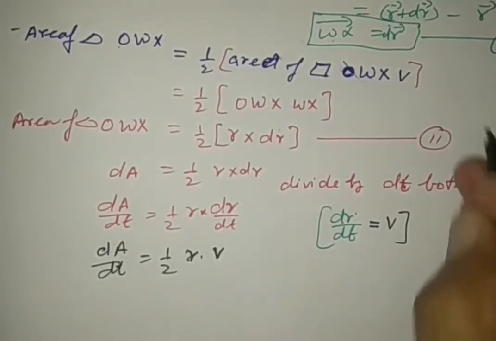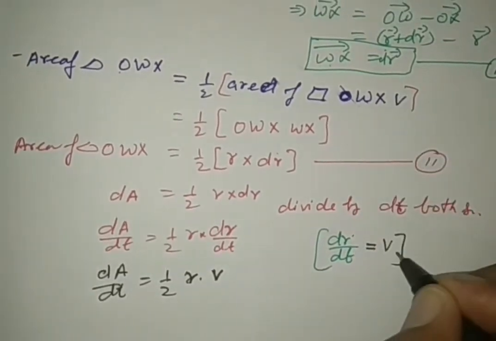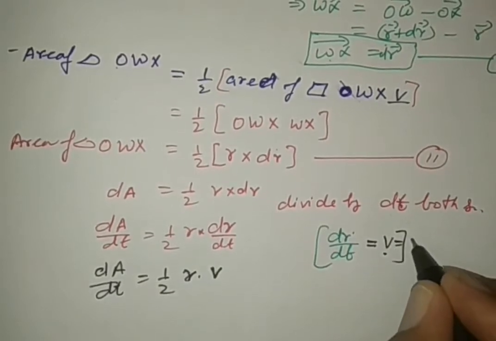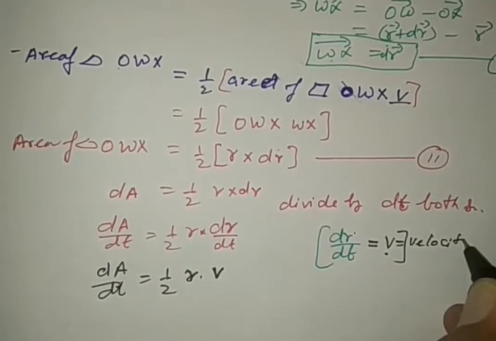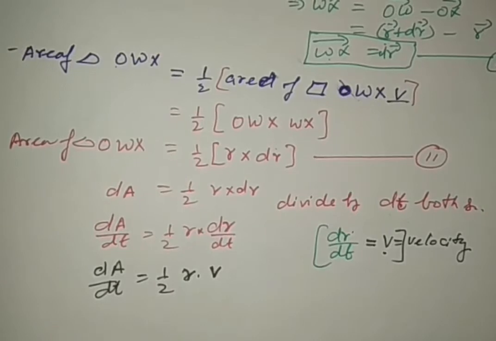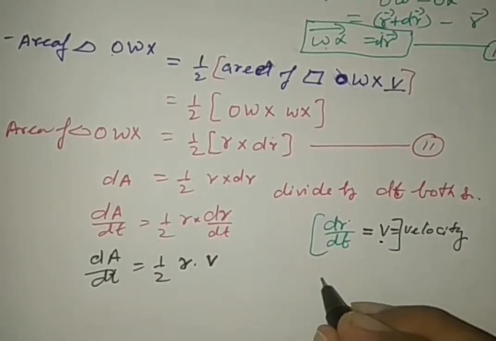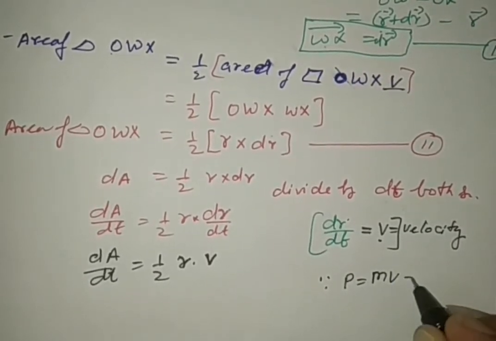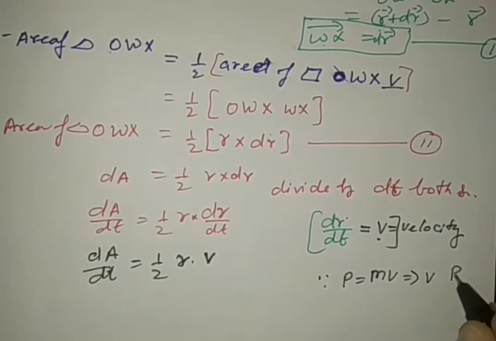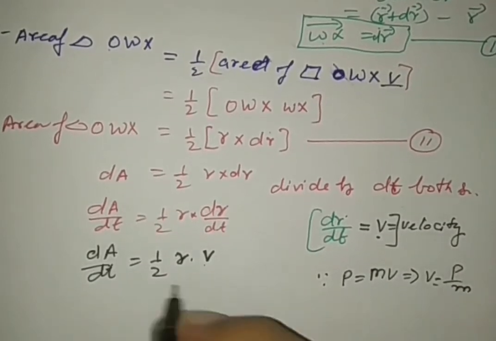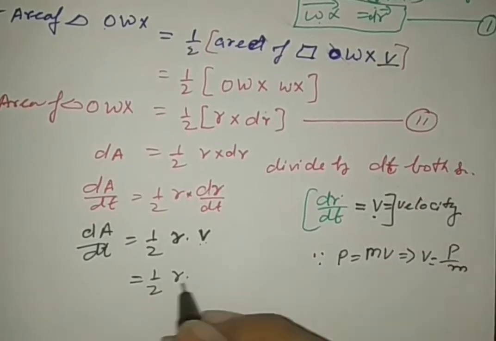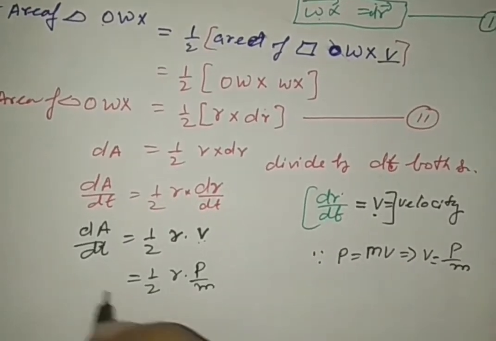So see very carefully, this v is different from the point V. This v is the velocity in the expression. So dA by dt is equal to half R v. Now since momentum p is equal to mass into velocity, velocity is equal to momentum by mass. So changing v, we may write dA by dt is equal to half R p by m.